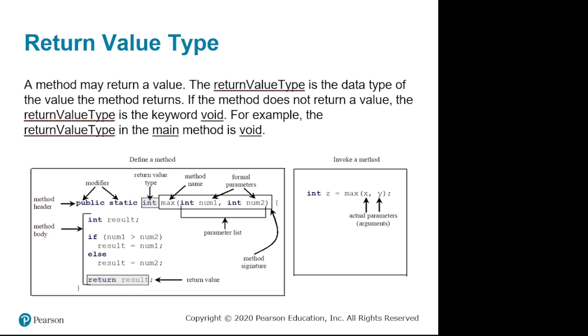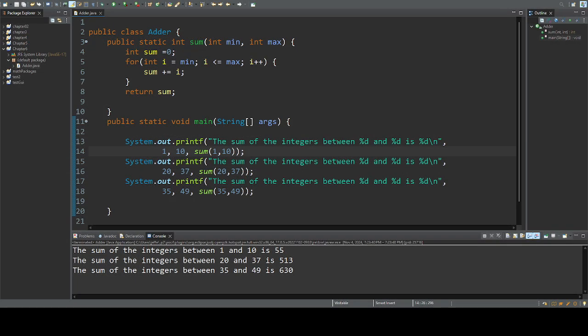So let's go over and we're going to code this max method. We're going to pass two integers in, and we're going to return the value of the largest one. So let me get back to Eclipse.